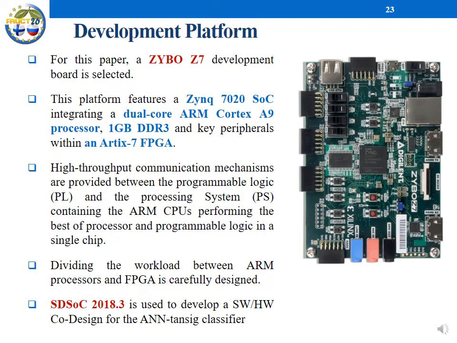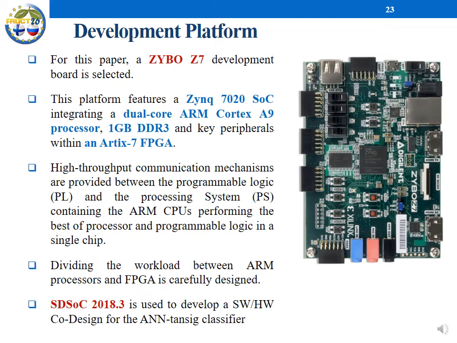High throughput communication mechanisms are provided between the programmable logic and the processing system containing the ARM CPU, offering the best of processor and programmable logic in a single chip. Dividing the workload between the ARM processor and the FPGA is carefully designed.